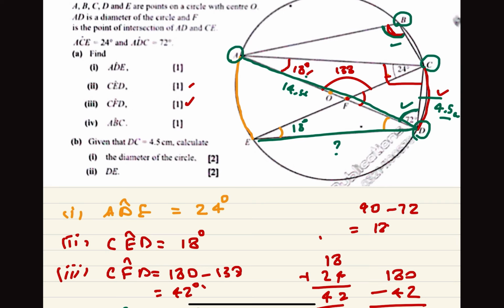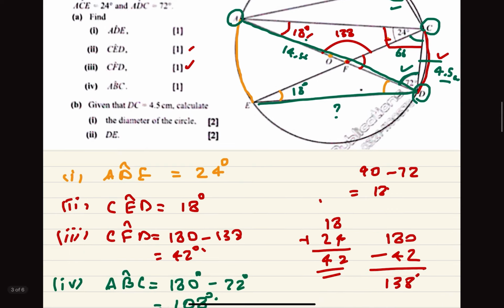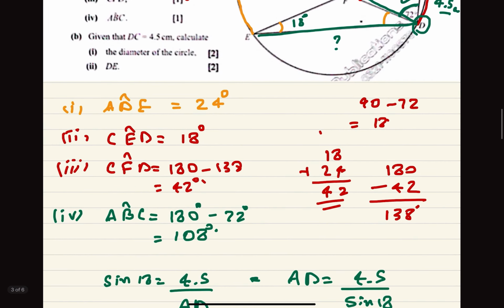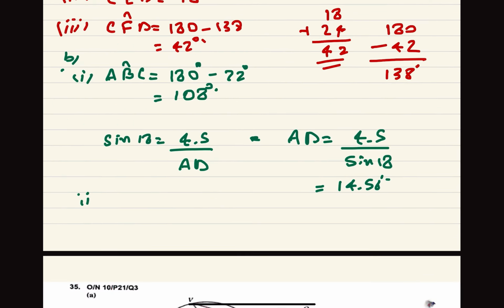If you can find this angle, which is 90 minus 24, that is 66. You can apply the sine rule to find DE, because you know the angle opposite to DE, and the angle opposite to 4.5. This is part B, part 1, and this is part 2.